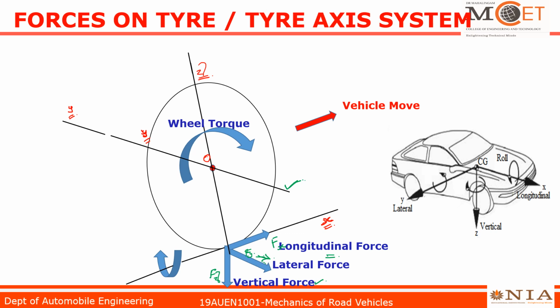We have to look at it from the origin side. If you look at this direction of force from origin, it looks like anti-clockwise direction. I take it as Mx because this moment is about the x-axis. This moment is called overturning moment.